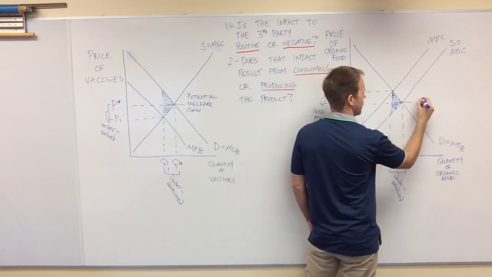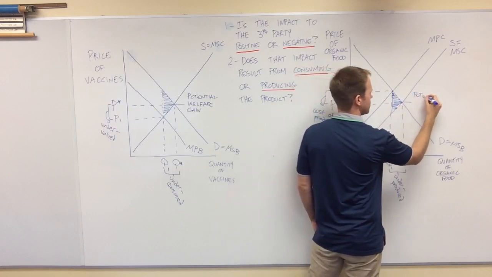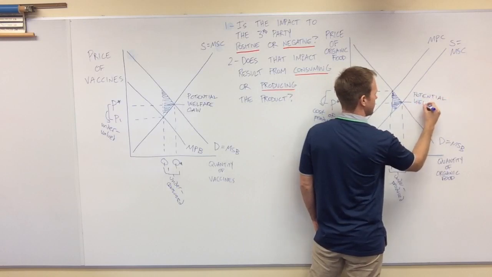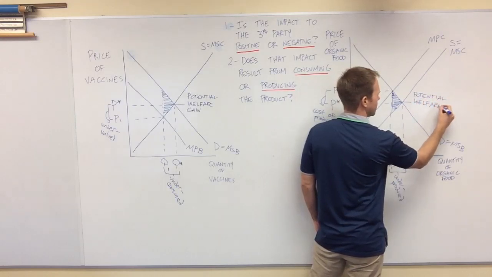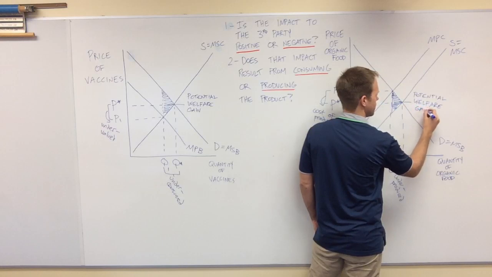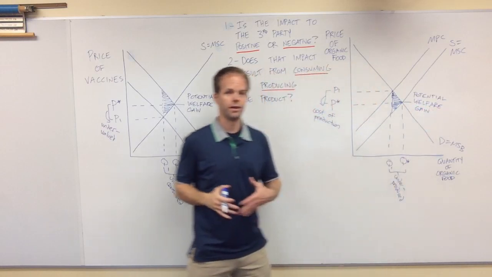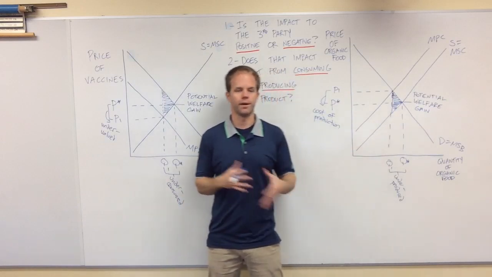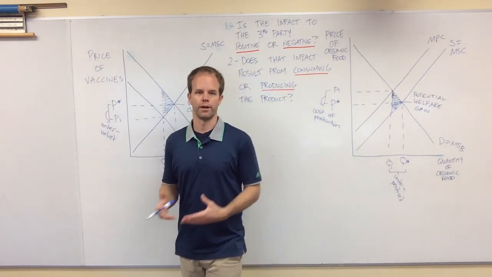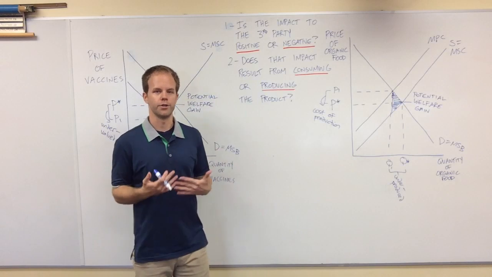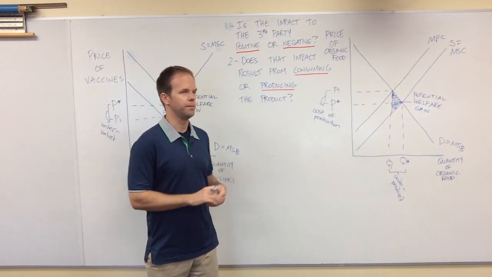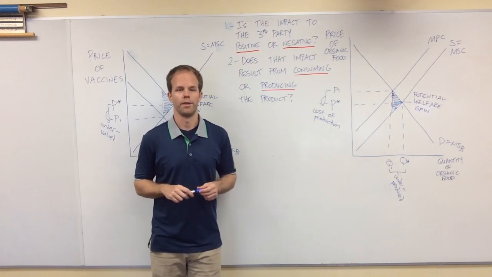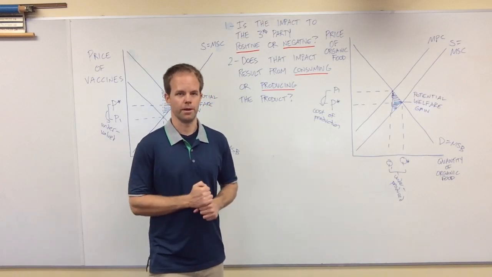Okay, again, that is potential welfare gain, and it is potential because this product is underproduced. As in, if there were more of it to be produced, this potential gain would become actual welfare gain, but it's a problem of underproduction, probably because organic food is more expensive to produce than using some more traditional farming methods.